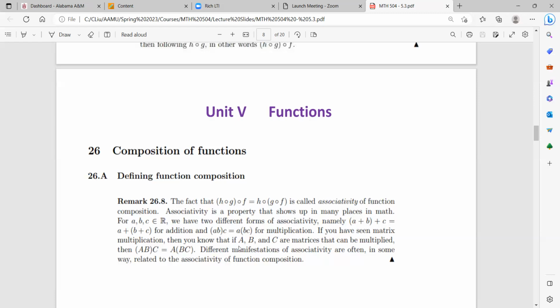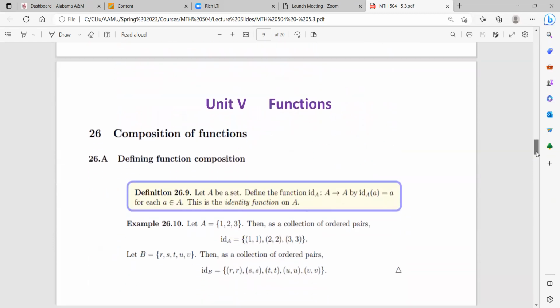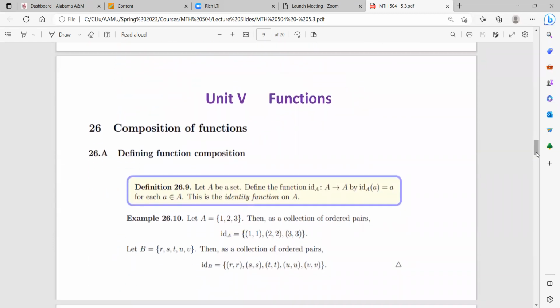And it turns out that all this kind of associativity is just one manifestation of the function composition. All right. So it does have some underlying reasons. Anyway, so that's that.